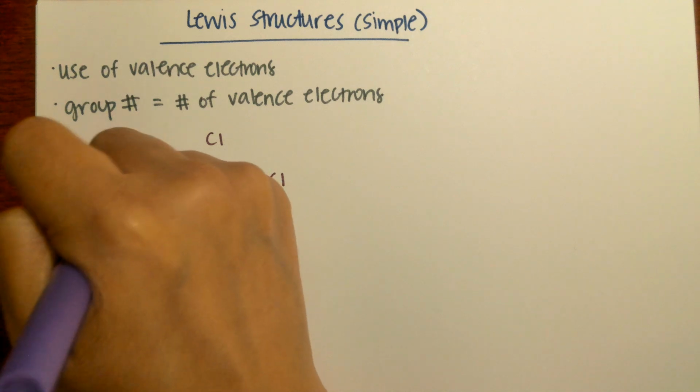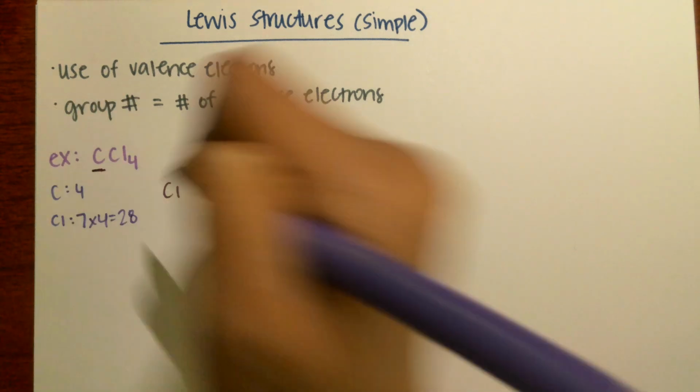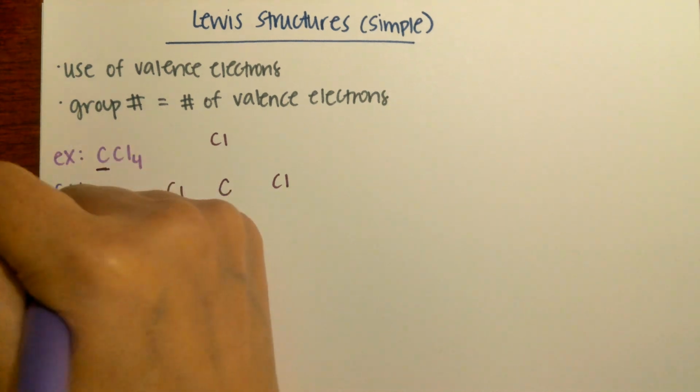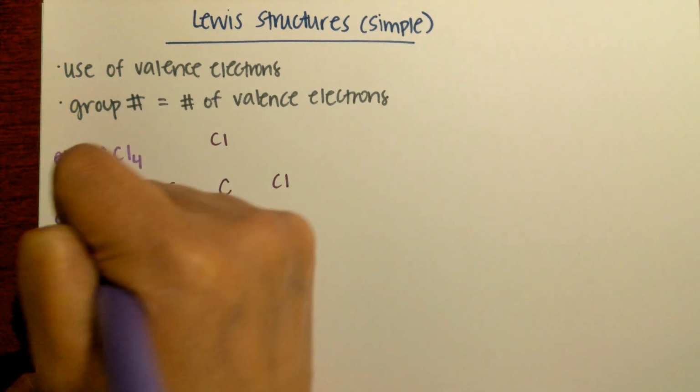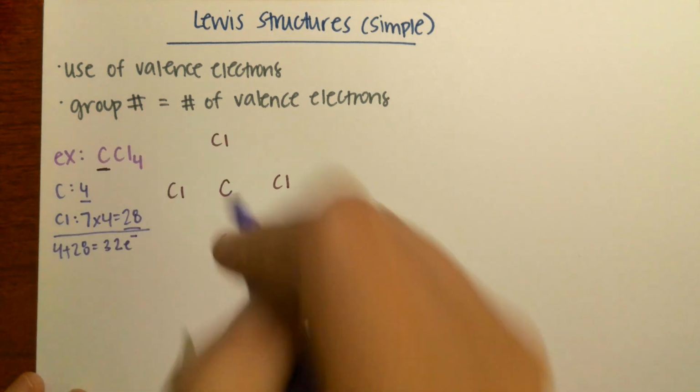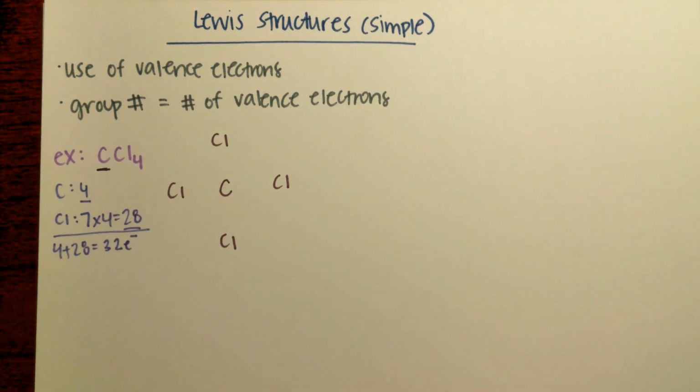7 times 4 is 28. And then we're going to add these together. 4 plus 28 is 32 electrons.